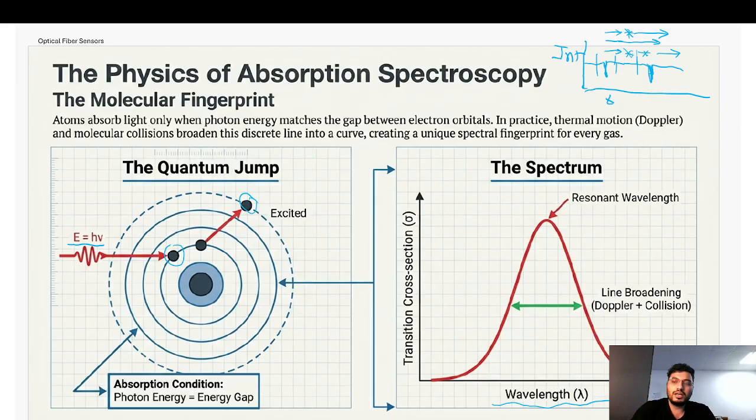But why is the broadening happening? The broadening reason is Doppler broadening, we are saying that. Once the resonance wavelength in the middle has some collisions, multiple collisions, that's why Doppler and collision broadening come into the picture.